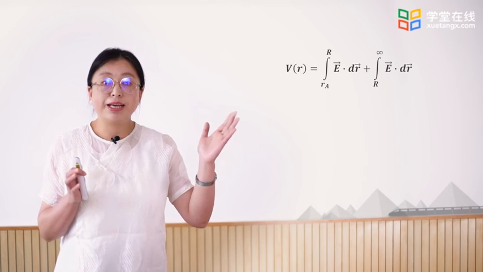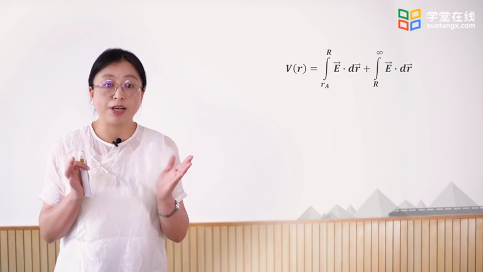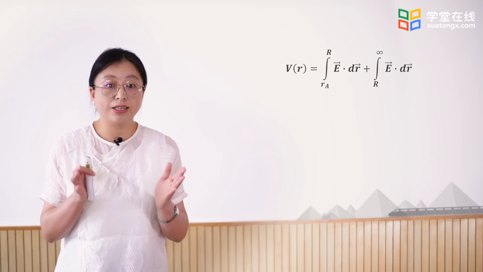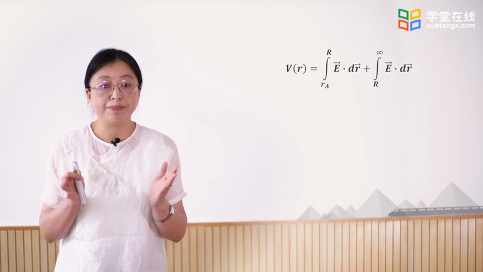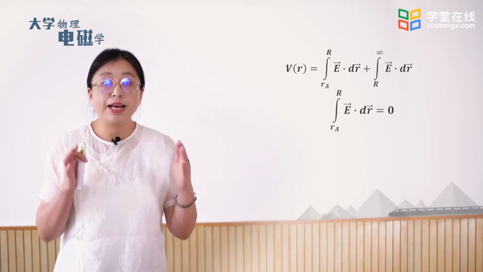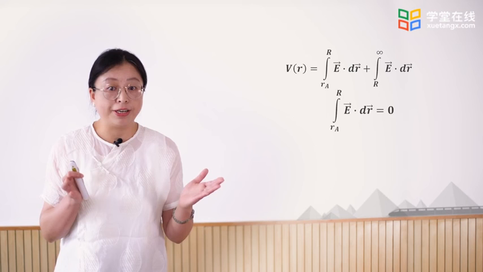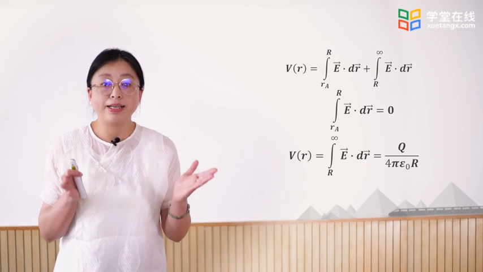The first item is the integral over the limits from lowercase r to uppercase R, and the second item is the integral over the limits from uppercase R to infinity. The first item is equal to 0, since the electric field is 0 inside the surface. Hence, we have this expression for the potential inside the surface.